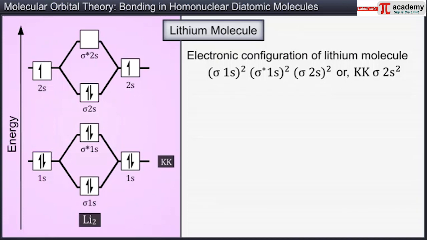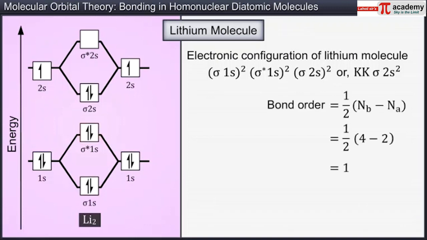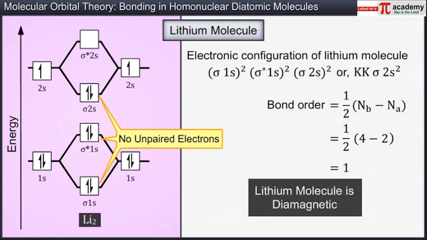As lithium has 4 electrons in its bonding molecular orbitals and 2 electrons in the antibonding molecular orbitals, the bond order of lithium is calculated to be half of 4 minus 2, which is equal to 1. From the bond order, it is clear that lithium is a stable molecule, and as no unpaired electron is present in its molecular orbitals, it is diamagnetic in nature.